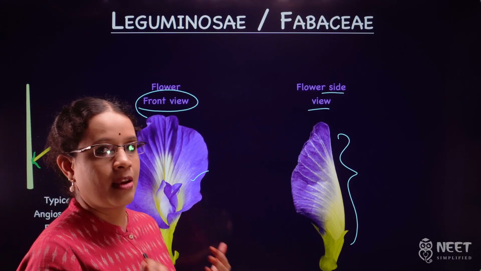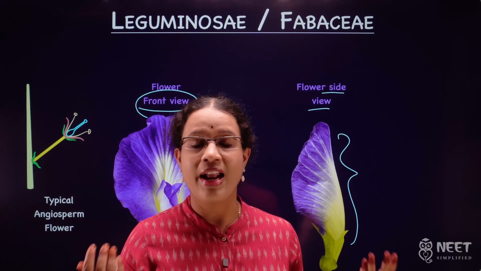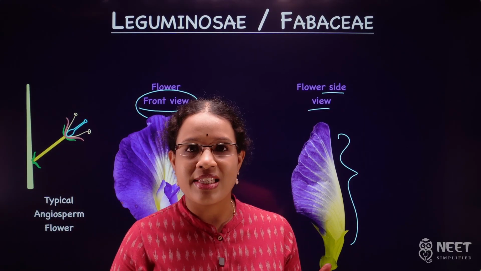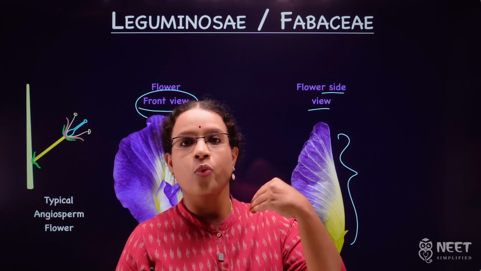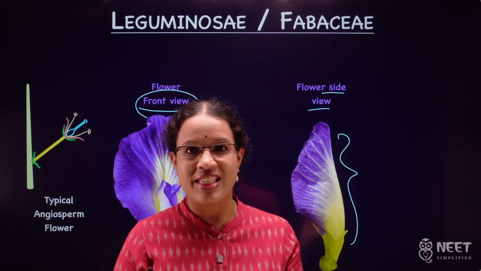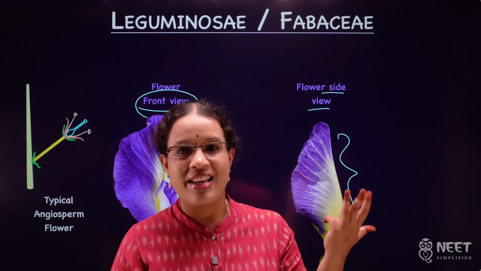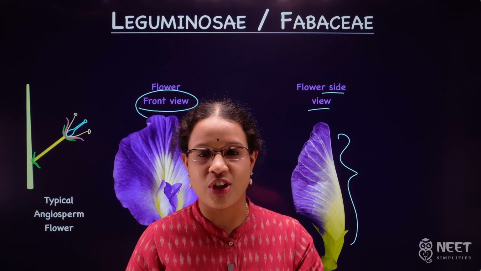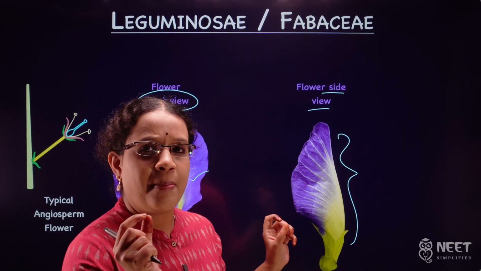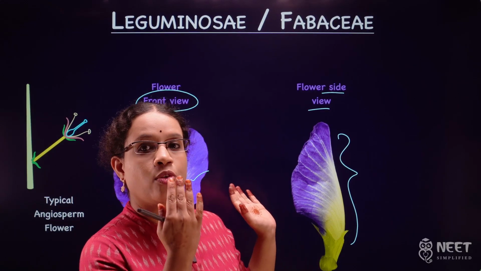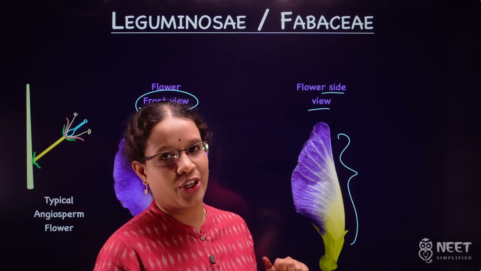And like any typical angiospermic flower, we are going to understand on the basis of the whorls which are arranged, isn't it? What are those? Calyx, Corolla, Androecium and Gynoecium. But before we go there, let me very quickly tell you what you can see in this particular picture.